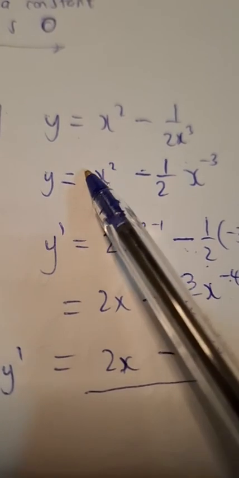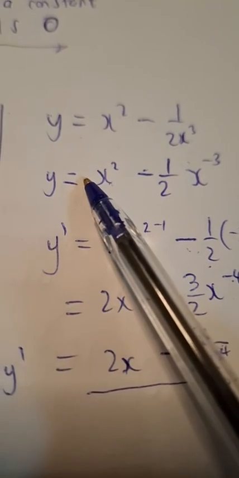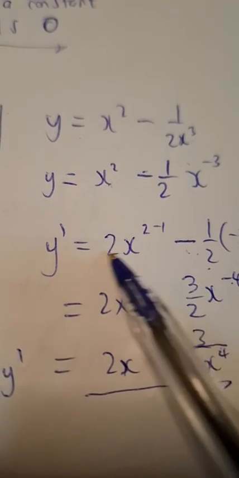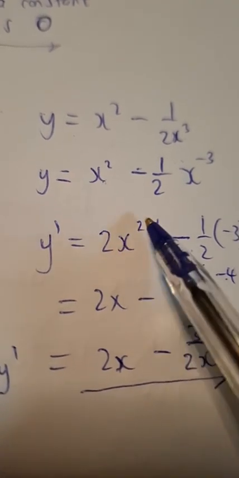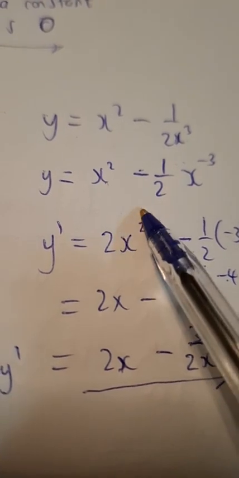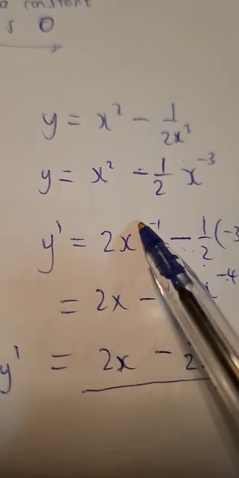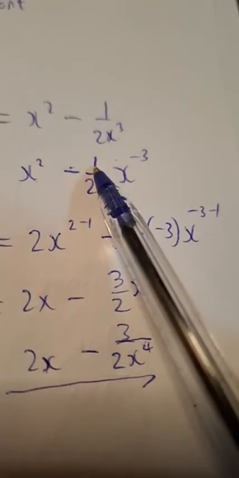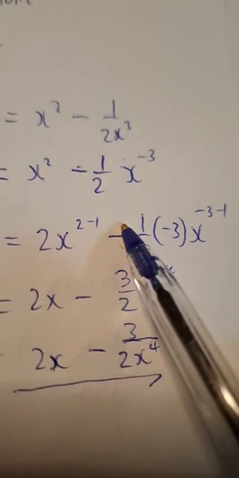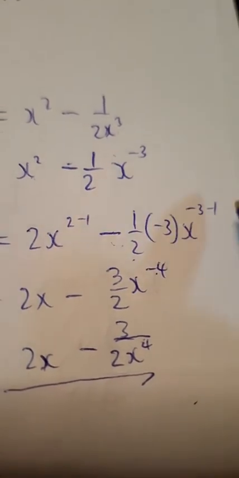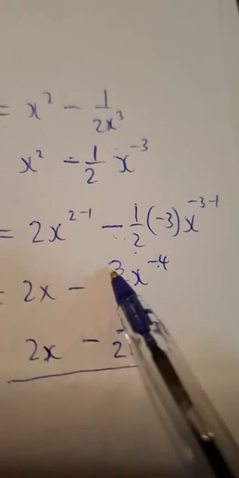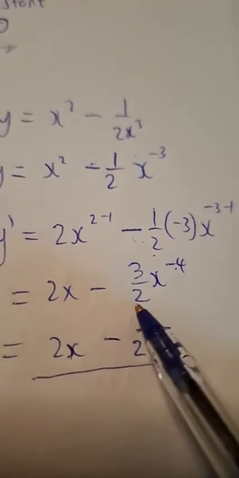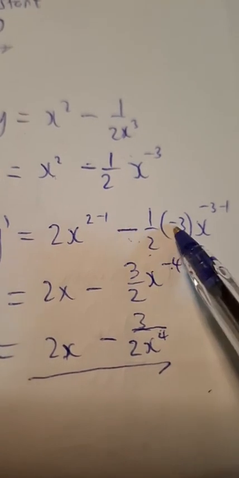The 2 is the exponent, it comes down to the coefficient, gets multiplied with the coefficient, which is 1. 2 times 1 is 2. Retain the x, raise to 2 minus 1. So we subtract 1 from the exponent all the time. Minus 3 comes down, gets multiplied with -1/2. X to the power, that -3 we minus 1. Then ultimately, that gives us 2x. 2 minus 1 is 1. Minus negative times a negative.